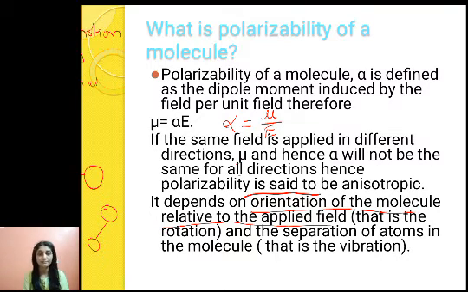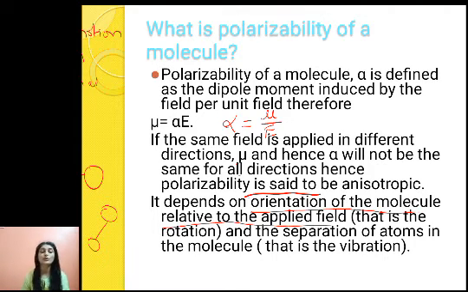Now if we apply the same field in different directions, mu, and hence the polarizability, will not remain the same; it will change. In that case, we call the polarizability anisotropic. When the electric field E is applied in different directions, the polarizability does not remain the same. It changes with the direction, and that is what we mean by polarizability being anisotropic in nature.